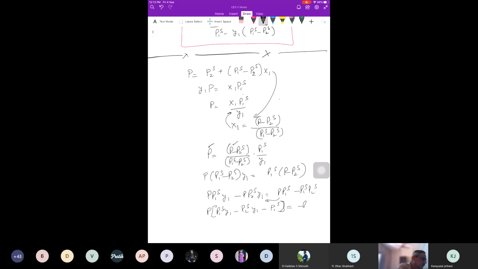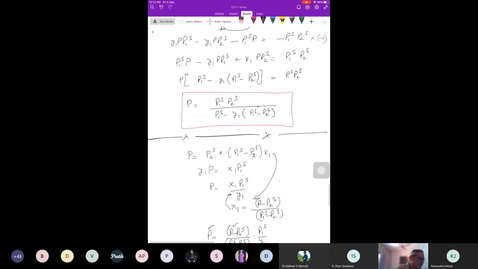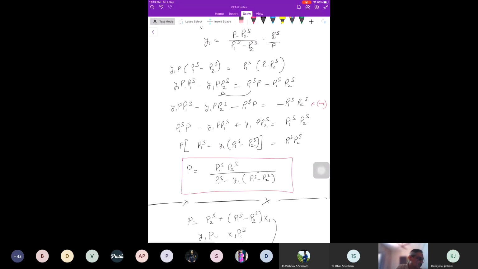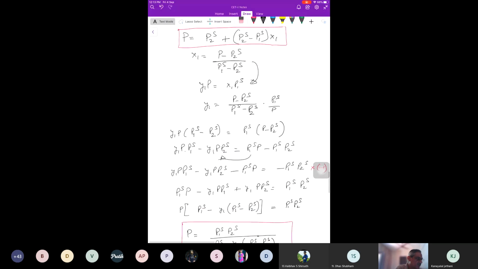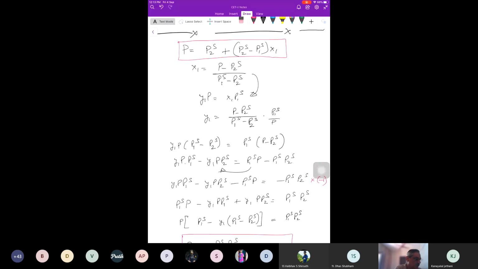Actually I have probably done this above. I have already derived it, same thing I have done before, I didn't remember that. So if you see this, P is equal to P2S plus P1S minus P2S into X1. X1 is P minus P2S upon P1S minus P2S. I already did the derivation. And Y1 P is equal to X1 P1S.